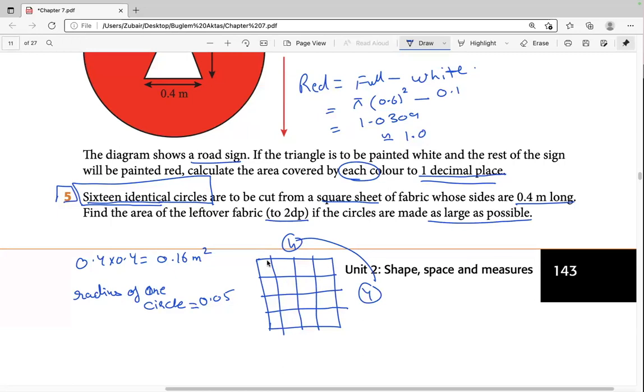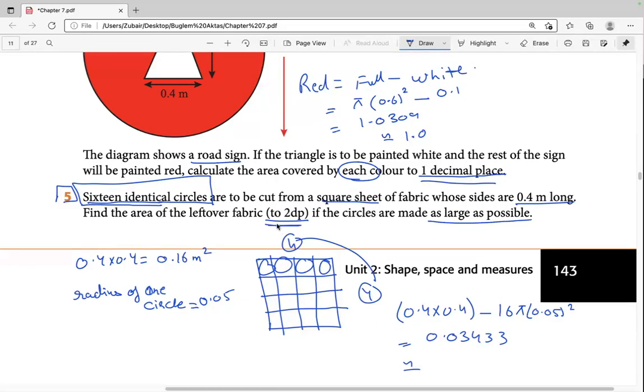So what are we doing? We are fitting in these 16 circles and eliminating that area. The full area is 0.4 times 0.4 of the square sheet minus 16 into pi into 0.05 squared. And we get our answer 0.03433.